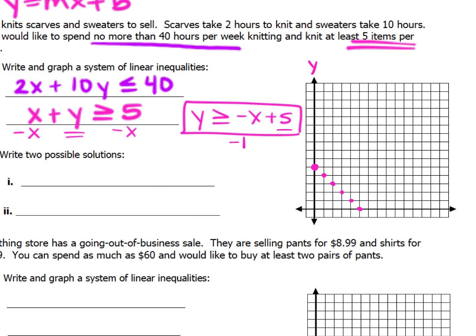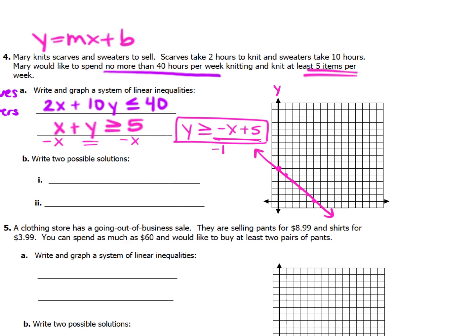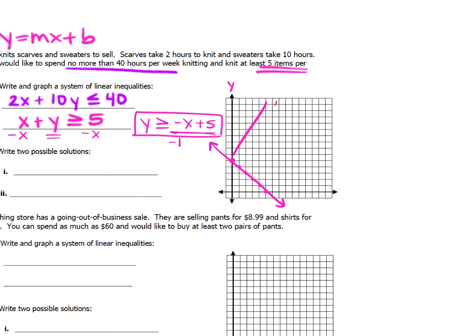This is solid. Okay. Now, this is saying y should be greater than or equal to that line. So here's our line. If we want to be greater than that line, where do we go? Above. Yeah, we're going to go this way with it. Okay, so that's the pink one.